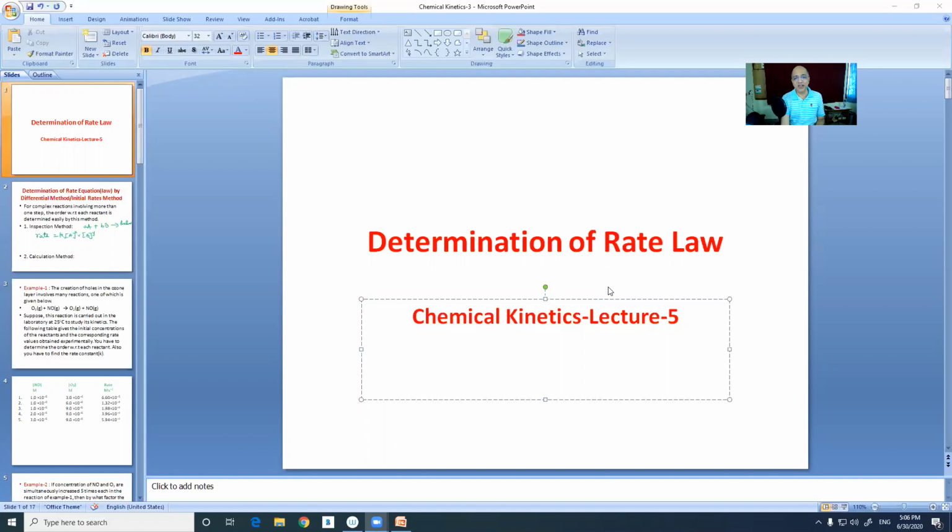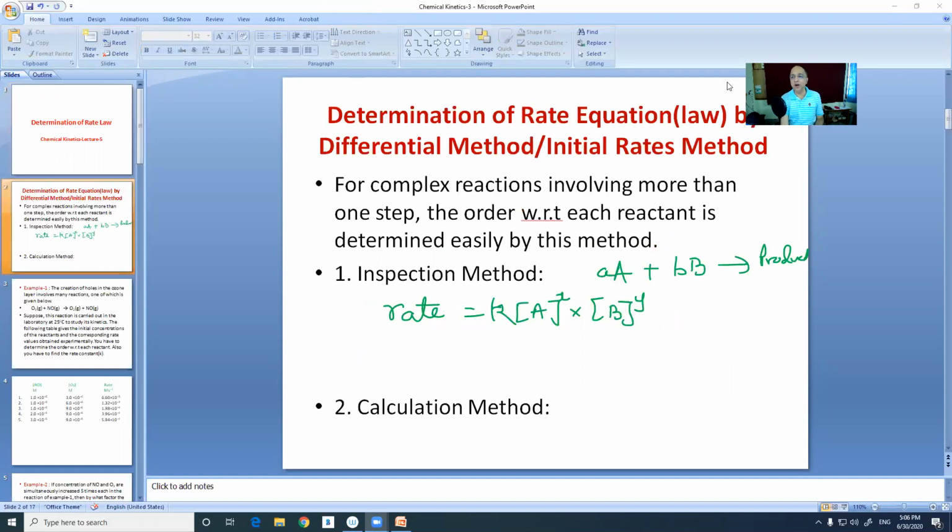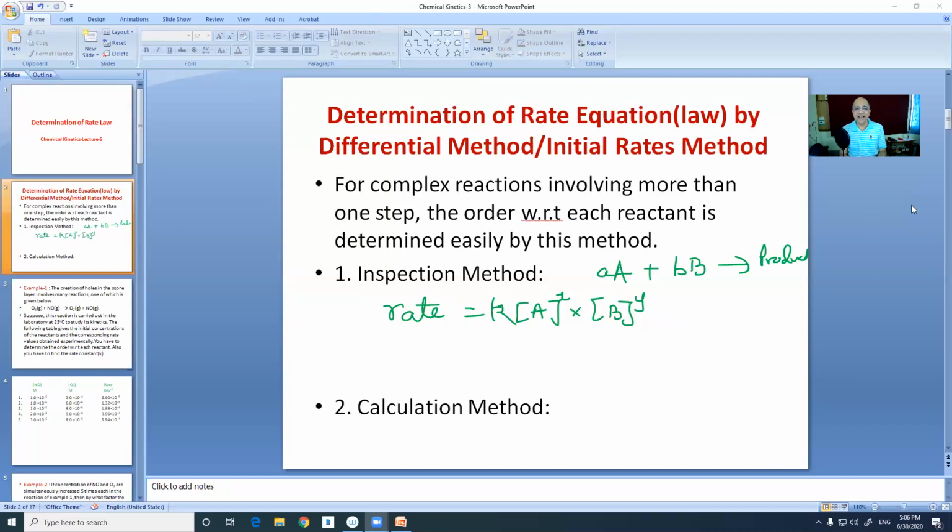Right? So there are so many methods. One of the methods is the differential method, or called initial rate method. That means you will be given a data table, where you will be given the rates at different initial concentrations.